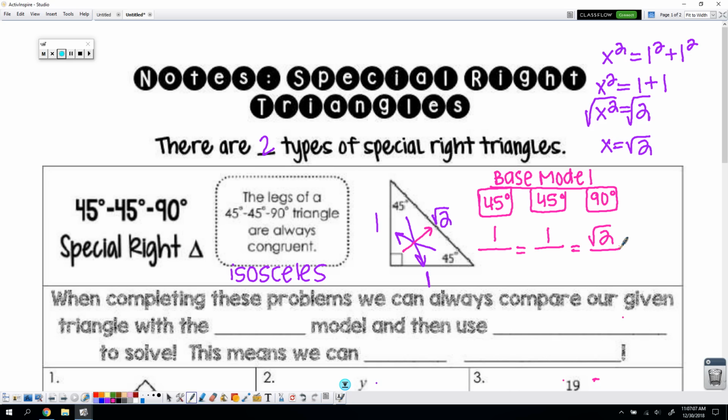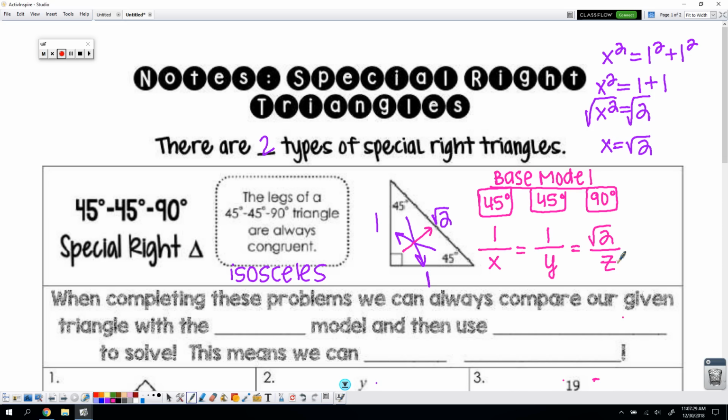What we're going to do is use our base model to create proportions. Notice I put them on top of lines because we're going to do proportions. You'll always be given a new triangle that you're going to try to find pieces of by using this base model, so all you need to remember is 1, 1, and square root 2.